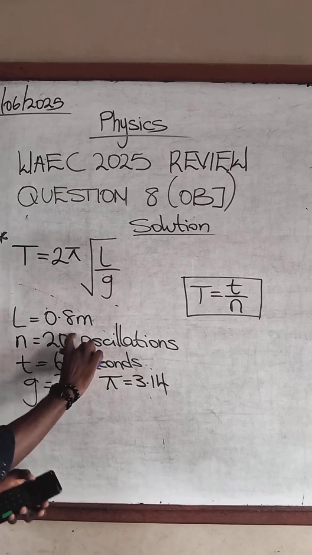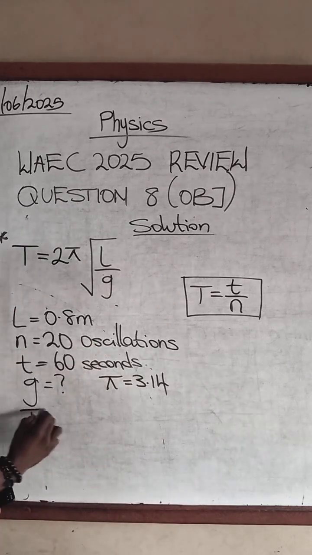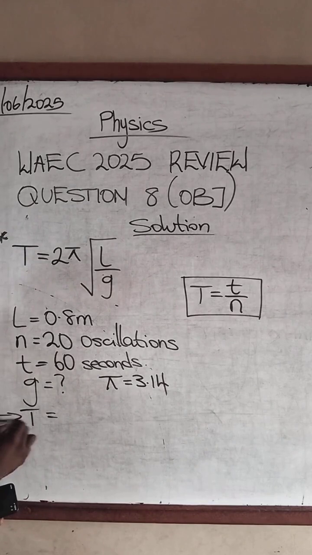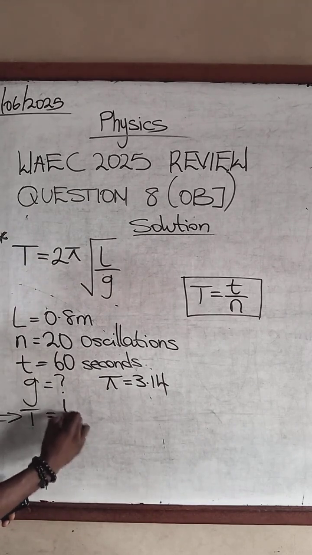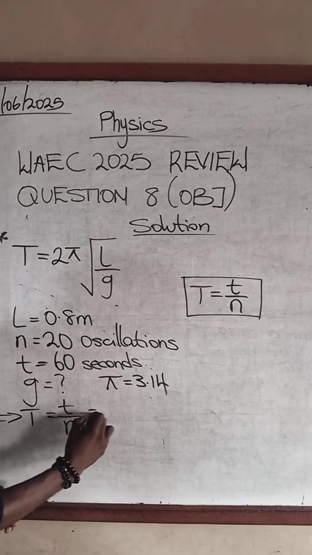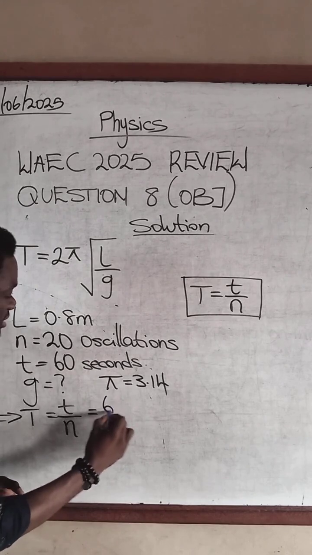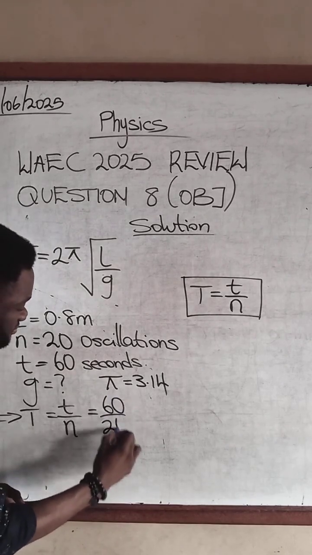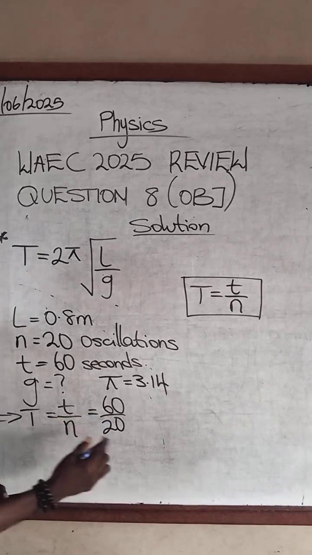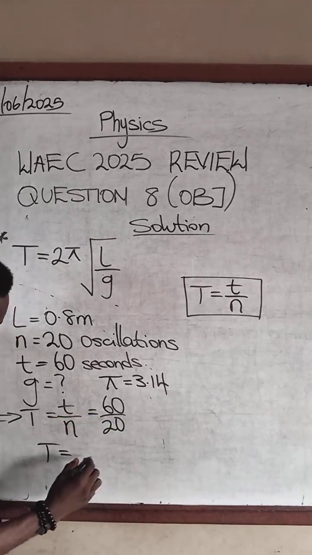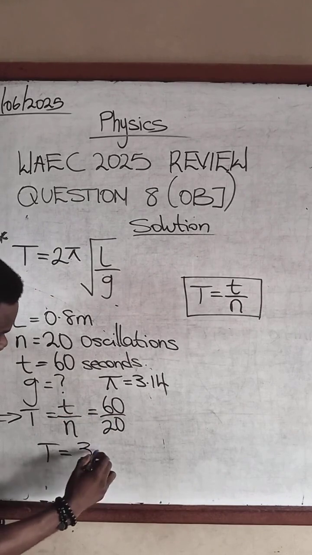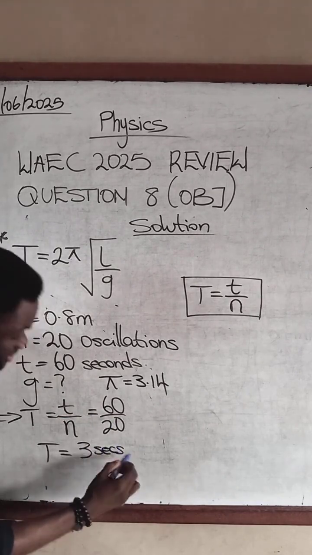So from these two pieces of information, we can get the period first. The period becomes T equals small t over N, which is 60 over 20. This will amount to a period of 3 seconds.